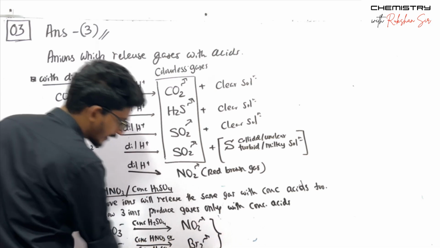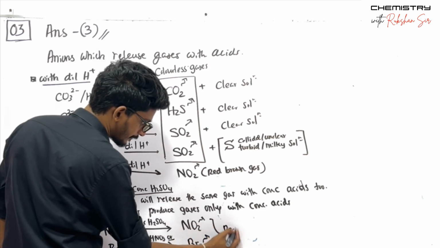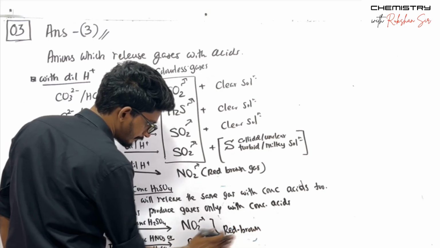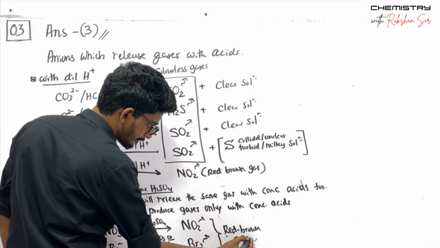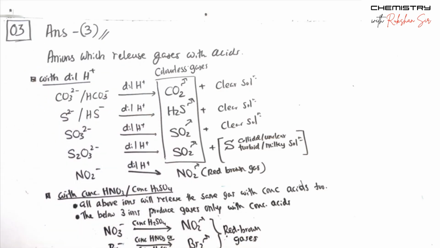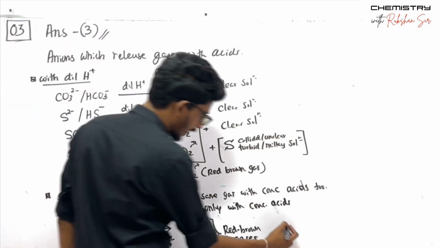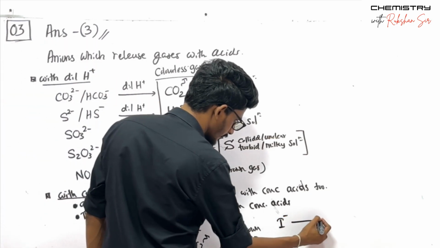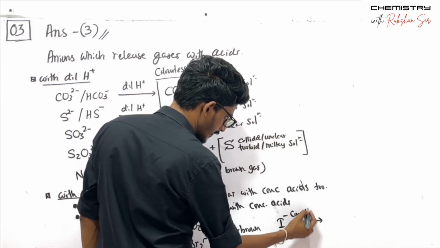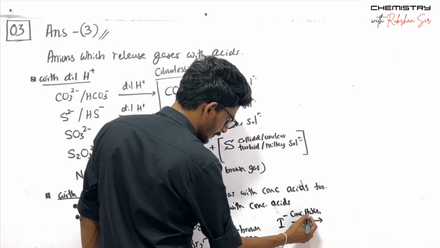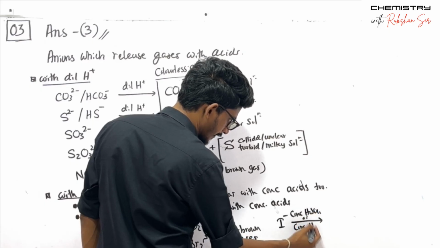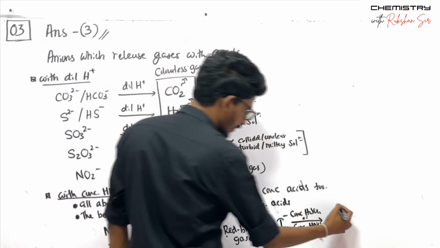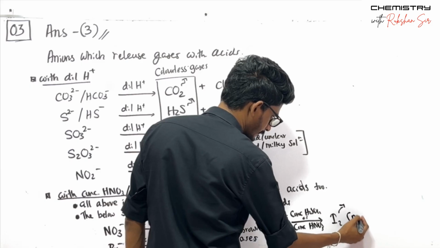Both of these are red-brown. And the other one is I-. I- with conc H2SO4 or conc HNO3 will produce I2 gas, which is purple.